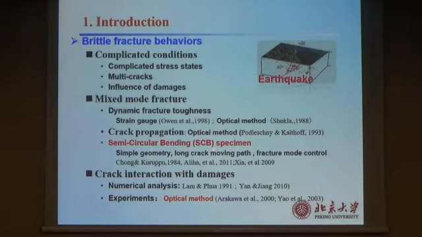Here we want to use the semicircular bending specimen, because this kind of specimen has a simple geometry, and it has a long crack moving path, is easy to control the fracture mode, and is also easy to design and fabricate.